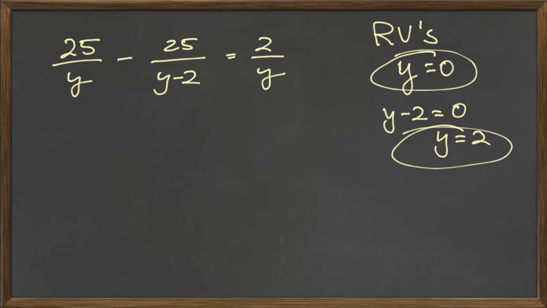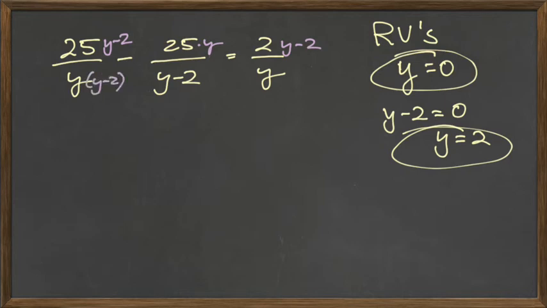Now, what are we doing here? We're going to multiply. What does the 25 need? Y minus 2. What does the other 25 need? A y, and the 2 needs a y minus 2. Because that's what's missing. The LCD is actually y times y minus 2.